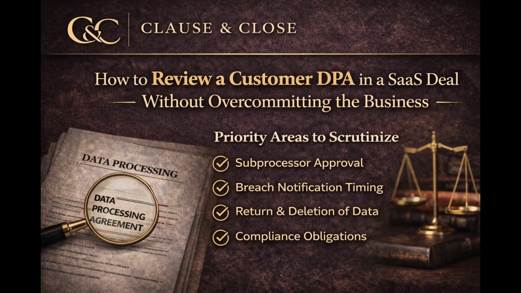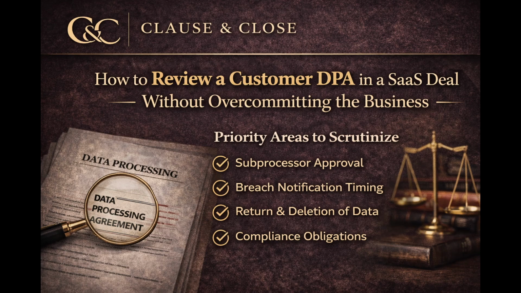In a lot of SaaS deals, the data processing addendum is treated like a routine attachment. It arrives late in the process, people assume it is mostly standard, and the real attention stays on pricing, liability, indemnities, and the commercial paper.